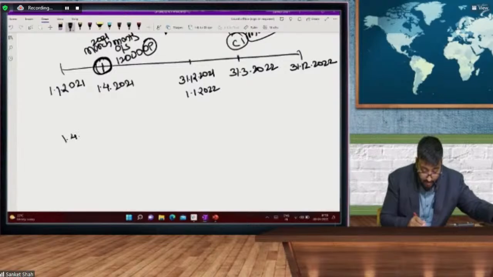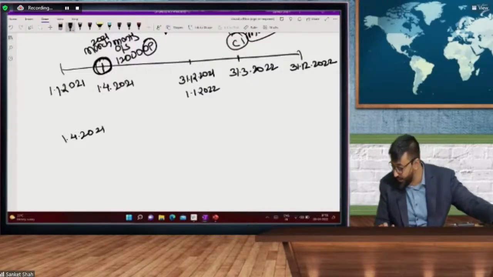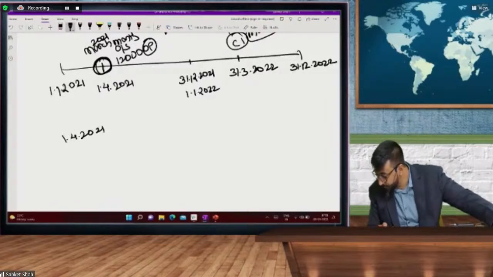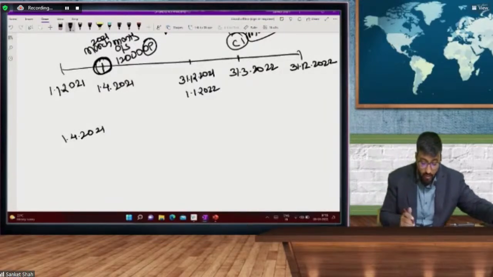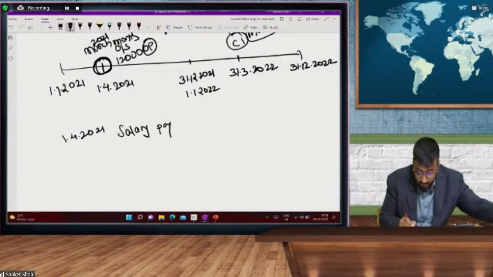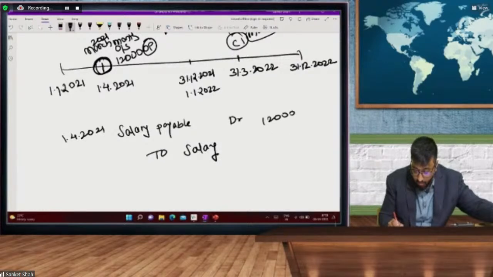So first entry on 1st April 2021, only 1 month salary is outstanding. So debit to salary payable or outstanding salary account, credit to salary account 12,000.